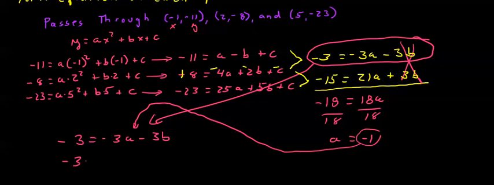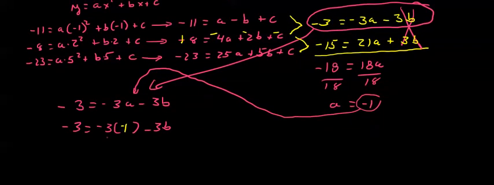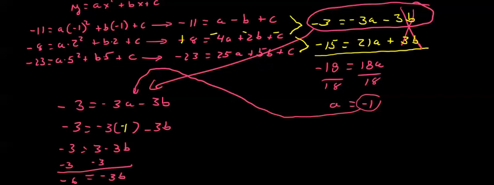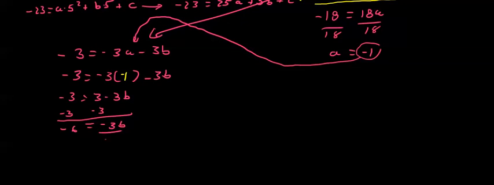So negative 3 equals negative 3 times negative 1 minus 3b. Negative 3 equals 3 minus 3b. Subtract 3. Negative 6 equals negative 3b. Believe it or not, we're almost done. Divide by negative 3. b is equal to 2.